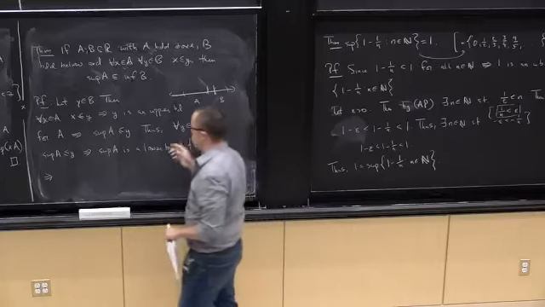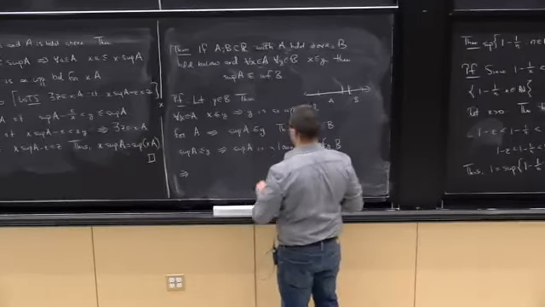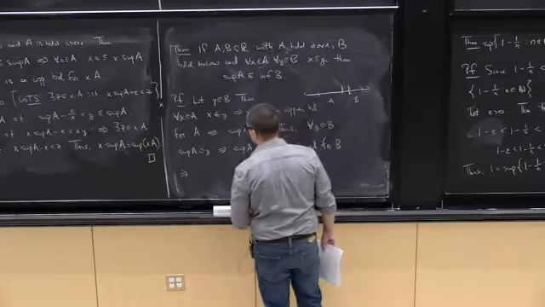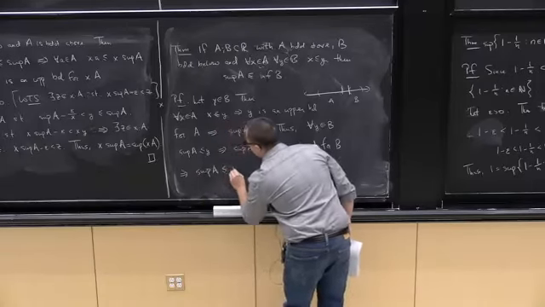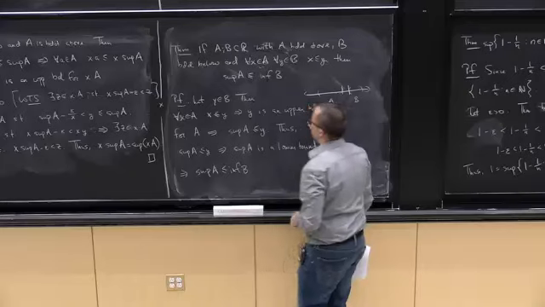So if I take any lower bound of B, it has to be less than or equal to the inf of B. So, which implies sup A is less than or equal to inf B.